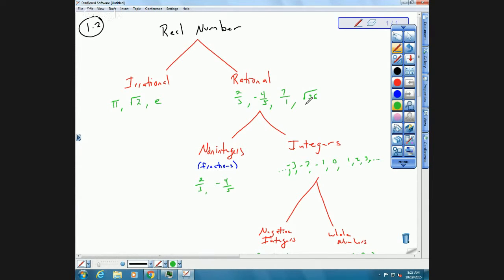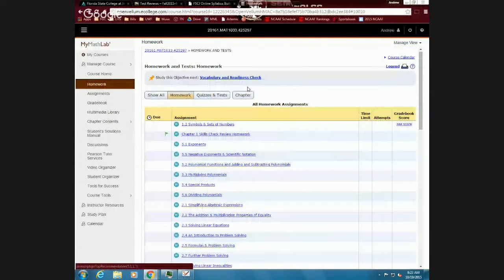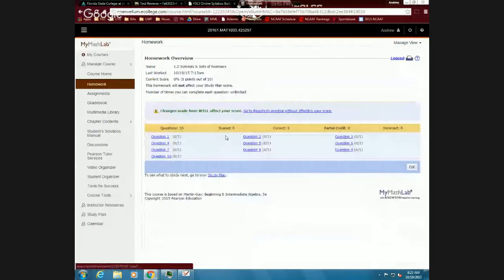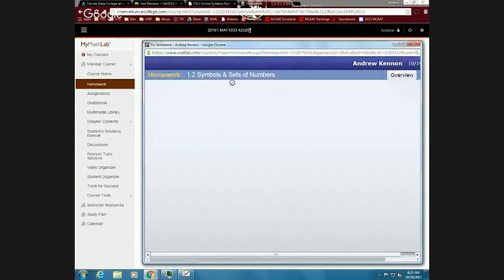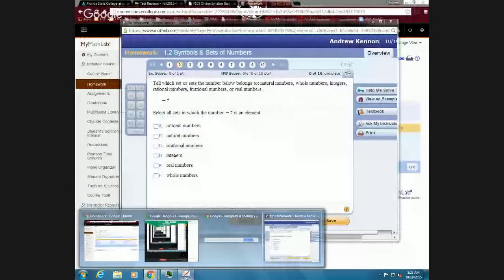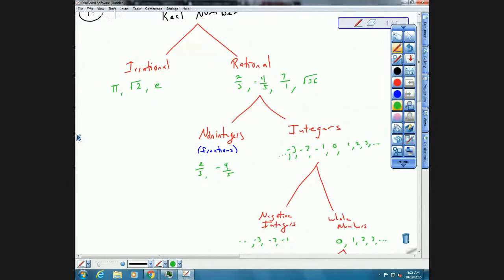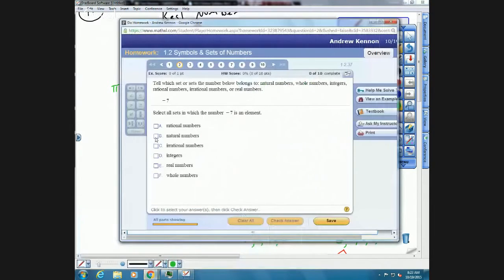The reason I'm showing you that is because if you go look at the homework, which is all this homework is, there's only a few questions. You go look at the homework, -7. So what's the lowest spot on that little chart that -7 can go? Negative integers. Okay, I don't think they have that as an option, so we'll say integers. So that means it is a rational number and it is a real number. So when you go do that homework, it is an integer and it's everything above an integer, which is a rational number and a real number.